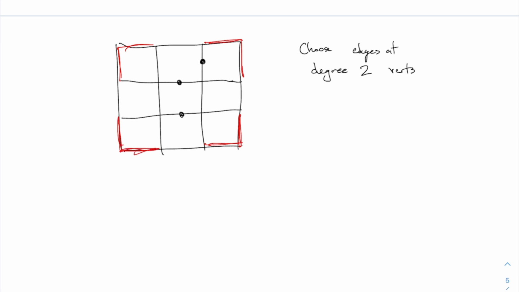And then also those extra points in the middle of those edges, those are also degree 2s. So we must use these edges, and those edges. These and those. All right? This is always easy to do. You should begin by looking for degree 2s and choosing those edges.